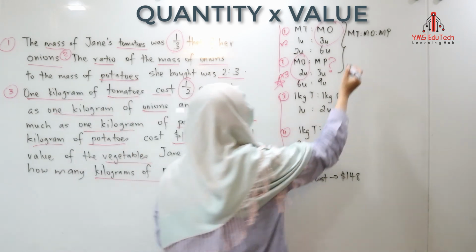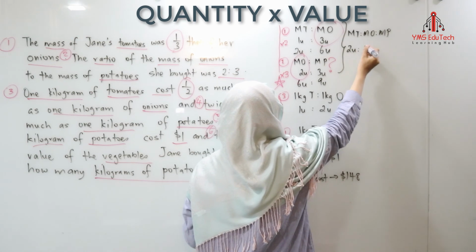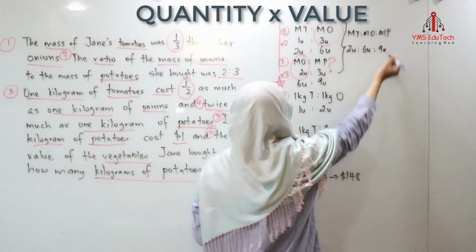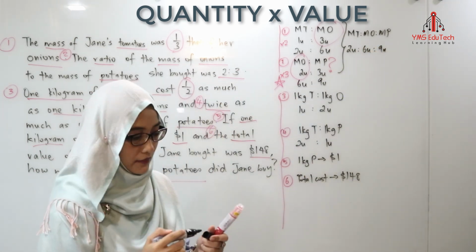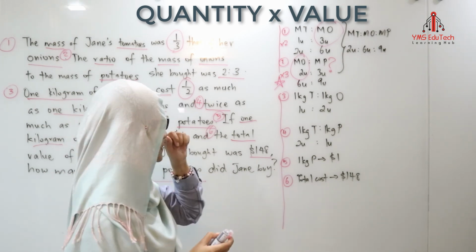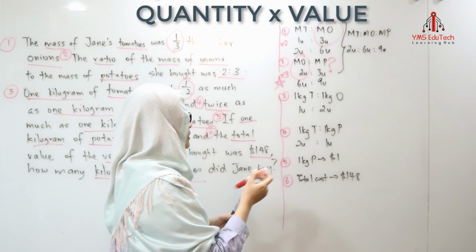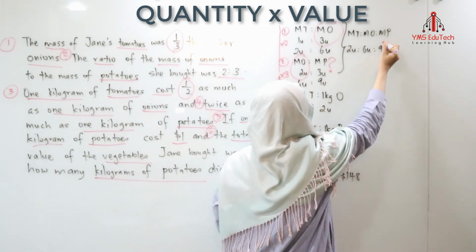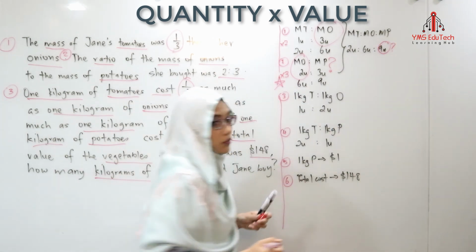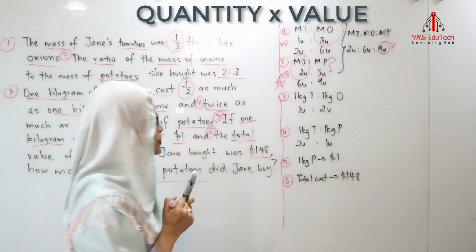I will have 2 units is to 6 units is to 9 units. Okay, so information 1 and 2 done. But bear in mind, I am interested in finding this: what is the mass of potatoes?